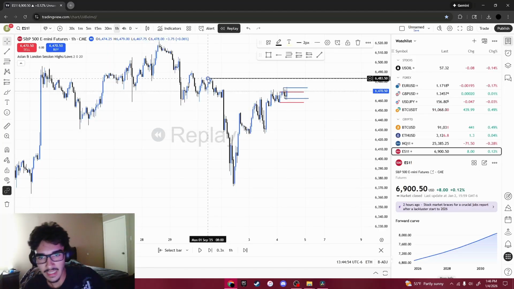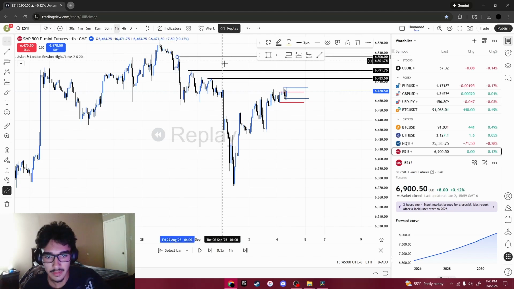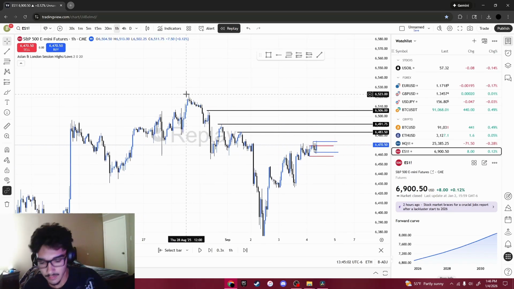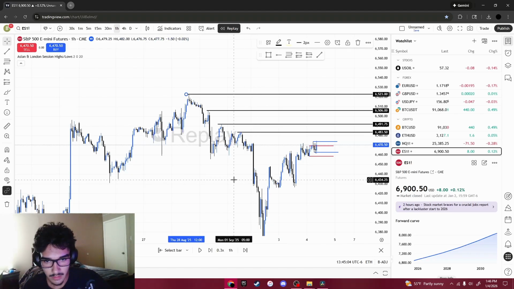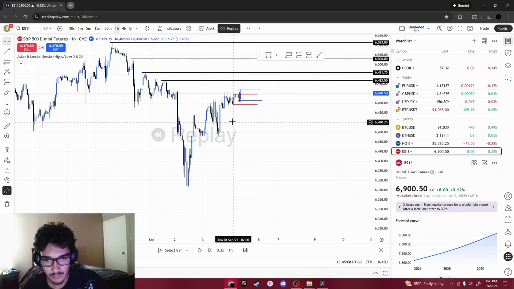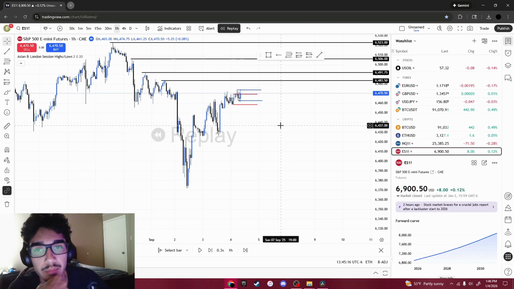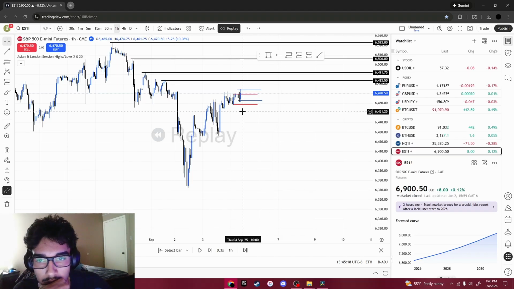We got these hourly highs nicely stacked up. My bias here is bullish, and we got these hourly highs nicely stacked up as low resistance liquidity.